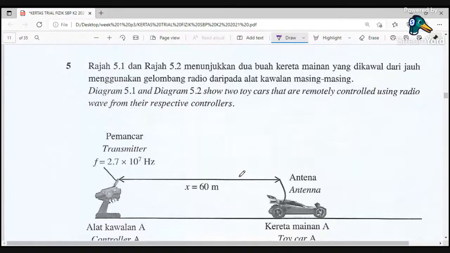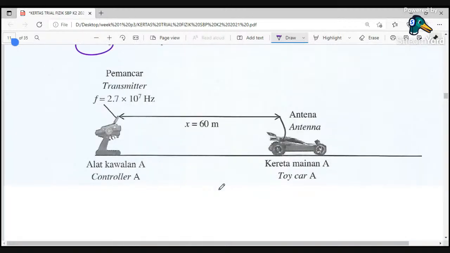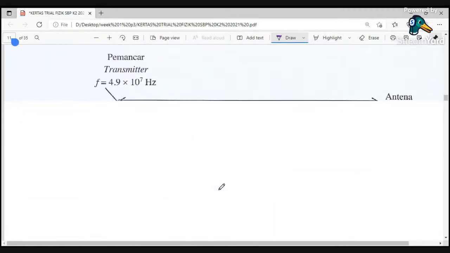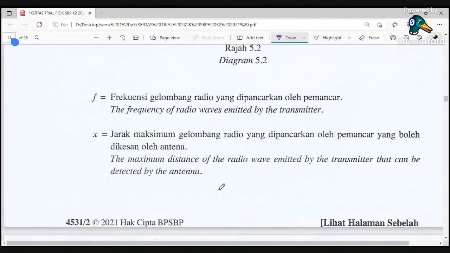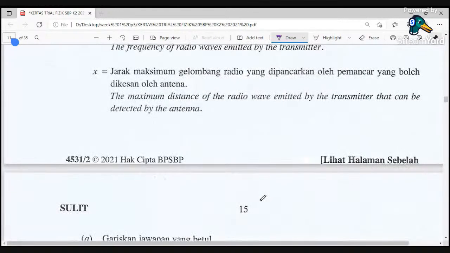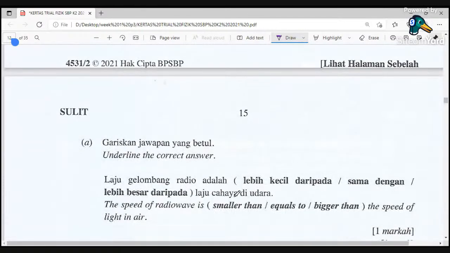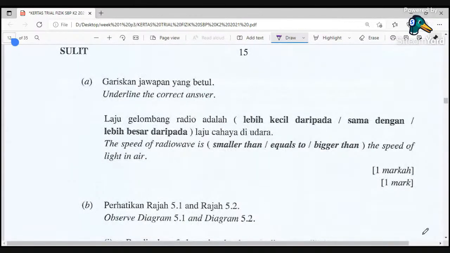Here number 5, diagram 5.1 and 5.2 show two toy cars are remotely controlled using radio wave. Given f is the frequency of the radio wave, x is the maximum distance of radio wave emitted by transmitter that can be detected by antenna. Underline the correct answer. Okay, speed of radio wave.